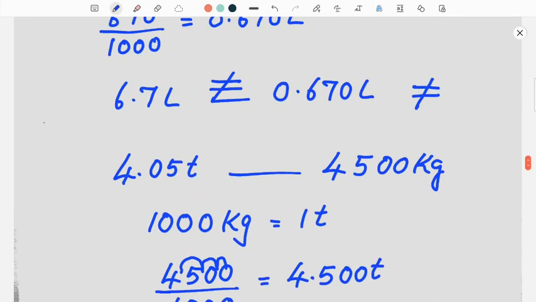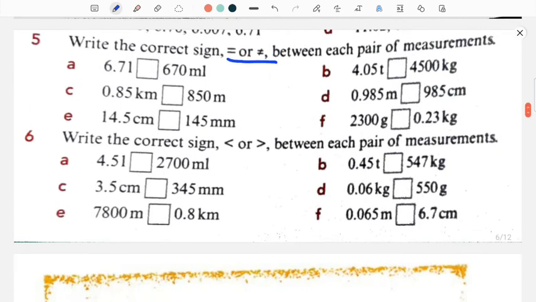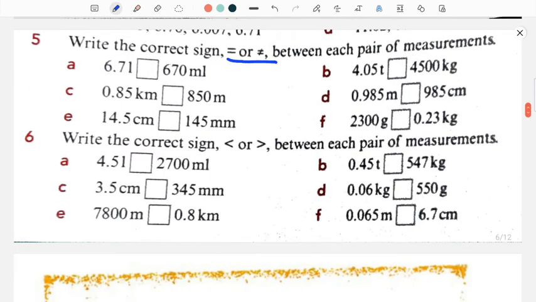Here this question is 0.85 kilometer and 850 meter. Change meter to kilometer. 1 kilometer is equal to 1000 meter.